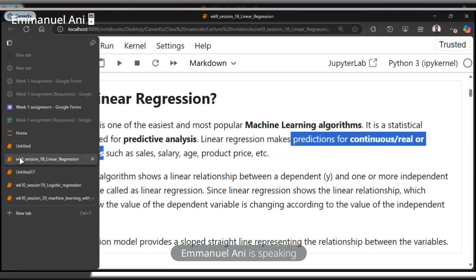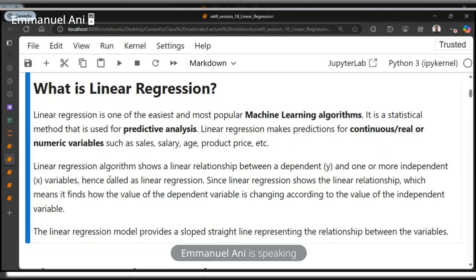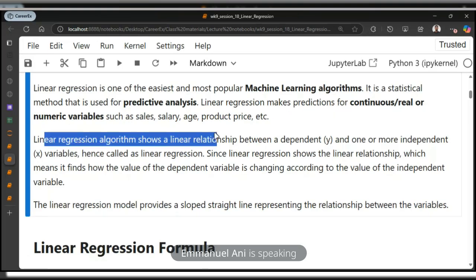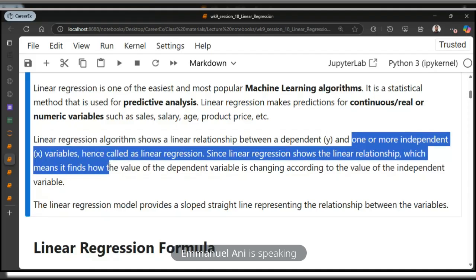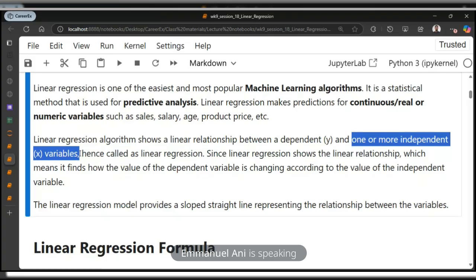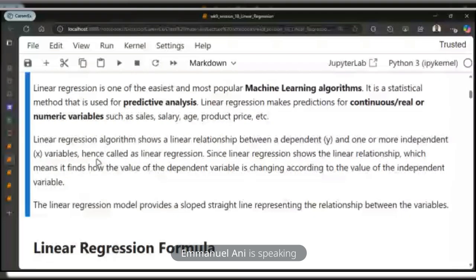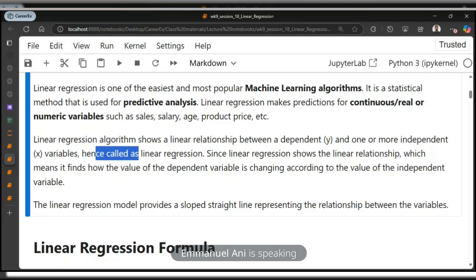So the linear regression algorithm shows a linear relationship between a dependent variable Y and one or more independent variables, hence called linear regression. What this algorithm is trying to do is understand the relationship. It tries to map a relationship between your dependent variable and your independent variables.